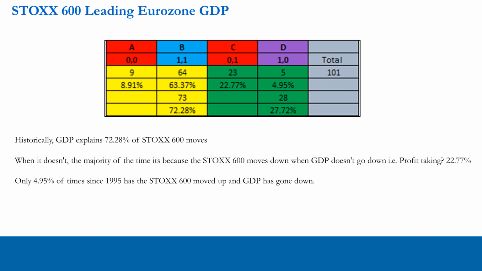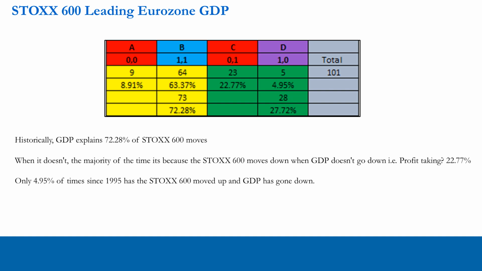Now, what happens in the cases when it doesn't? So when the Stoxx 600 doesn't go in the same direction as GDP, or GDP is reported in a different direction to the direction of the Stoxx 600, the majority of the time it's because the Stoxx 600 moves down when GDP goes up.